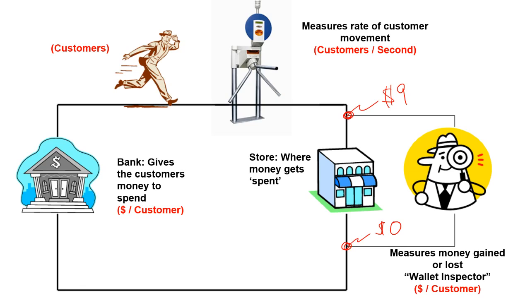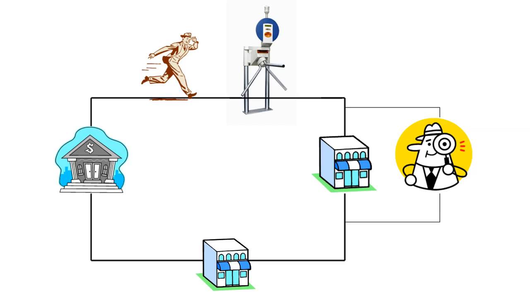Okay, so voltage is a tough one to understand, but it's really just the amount of energy that each of those charges have. Okay, so we will get into questions where we have a series circuit, and the series circuit is where we are going to have 2 stores where we have to spend our money.